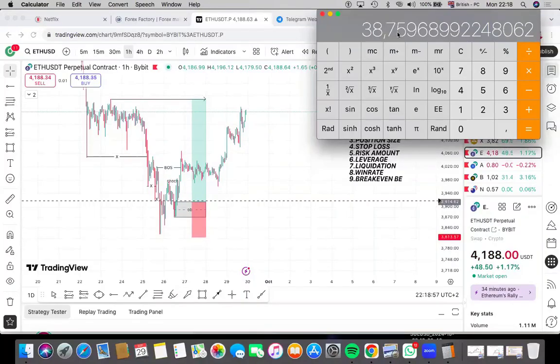Then I use my leverage so as to be able to buy this amount of Ethereum. And if you go and plug that in, that will give you the exact amount that you want to risk. This is how I get my position size.